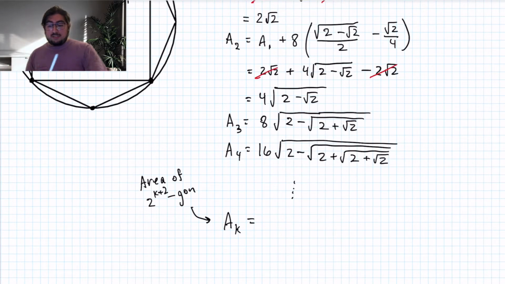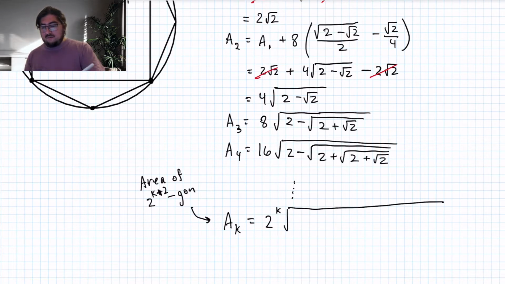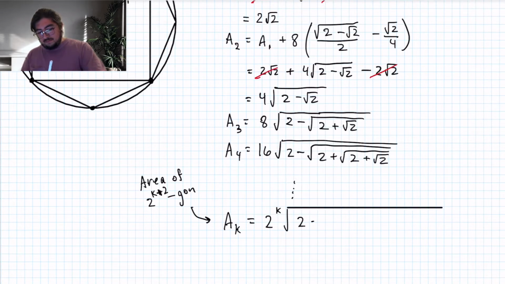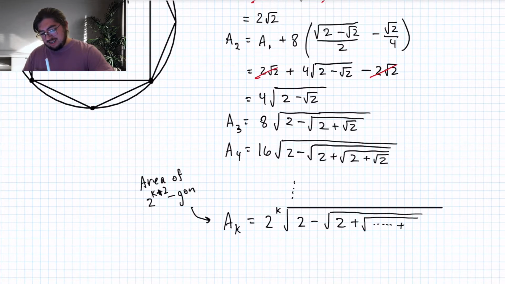So the area is equal to 2 to the k times the square root of 2 minus the square root of 2 plus the square root of dot dot dot, and it ends at radical 2.